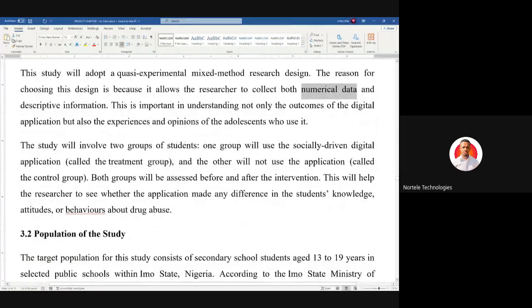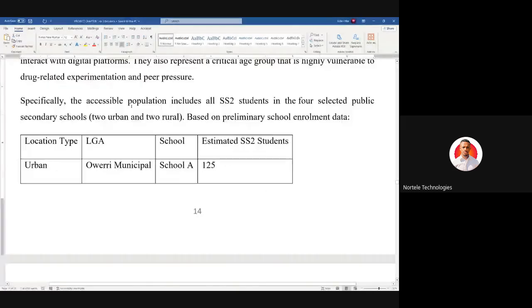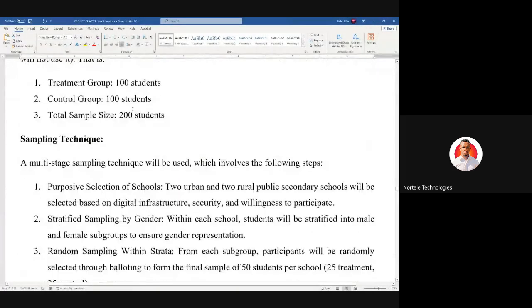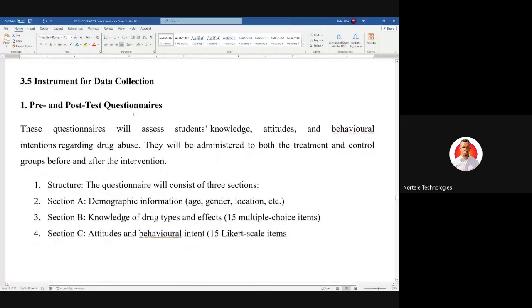That is number 6. And finally, the last part that people always have issues with is the instruments that you're using, instrument of data collection. That's where you now talk about, are you using primary or secondary data? Primary data simply means data that you are getting from people.